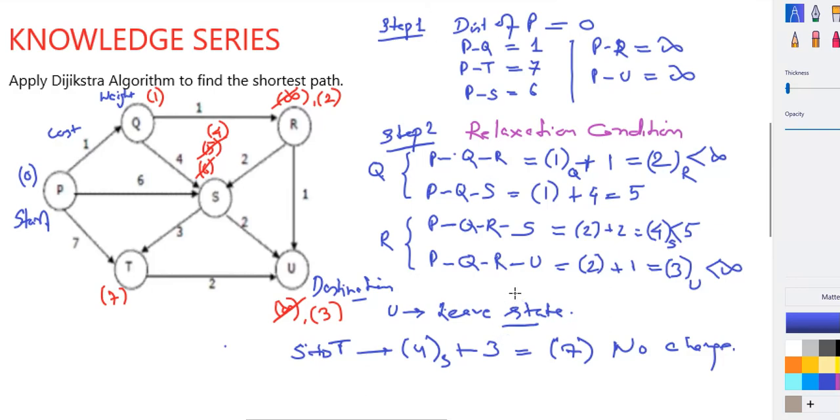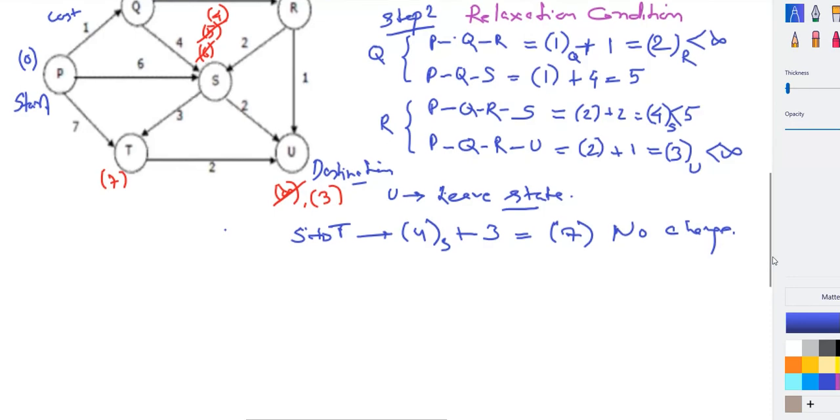So finally, we are seeing the different weight distributions, and we say that all vertices are labeled. That is one.